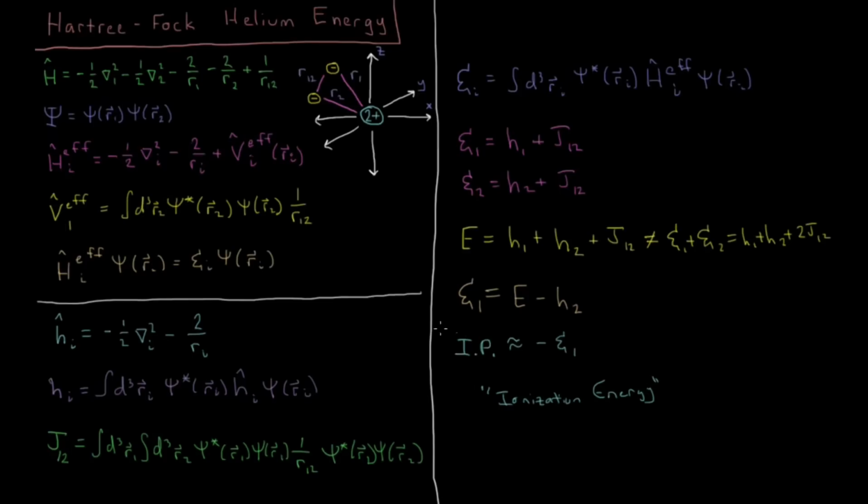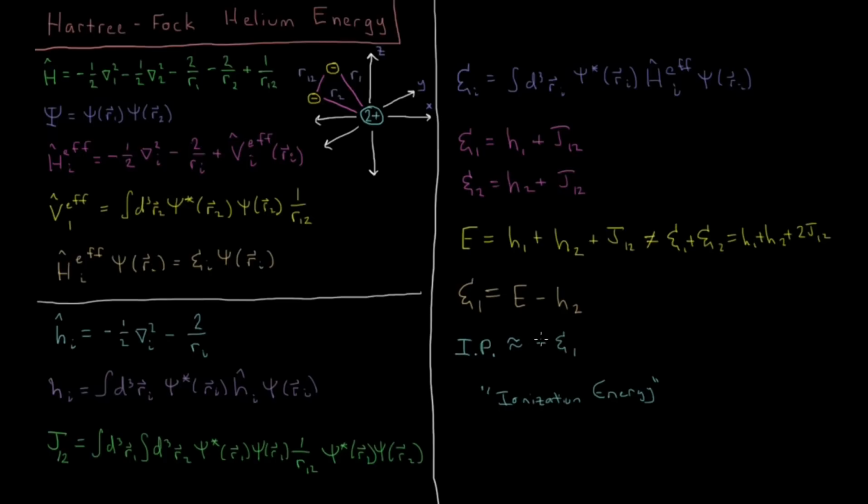So we can interpret these electron orbital energies as approximately the energy it would take to remove that electron from the atom or from the molecule. So if I have an orbital energy of -2 Hartrees for a given electron, then the ionization potential for that electron is 2 Hartrees. It would take 2 Hartrees of energy to remove that.